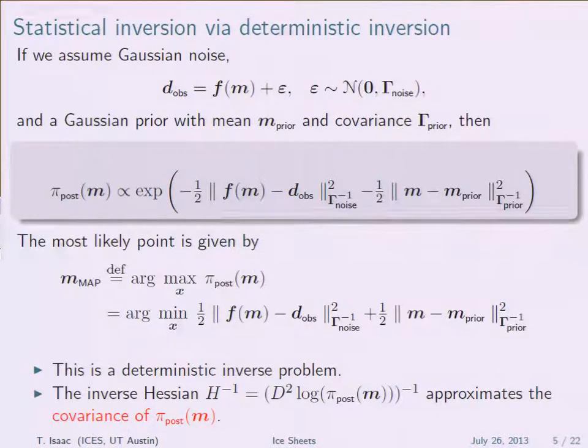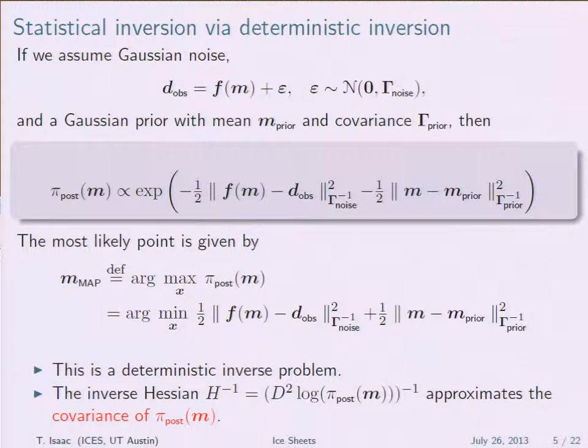Okay, so if you make some reasonable assumptions, like the fact that noise is Gaussian, and you can actually write down your prior distribution in terms of a covariance, you can then say that the posterior distribution will be distributed like the exponential of the sum of these two terms here.